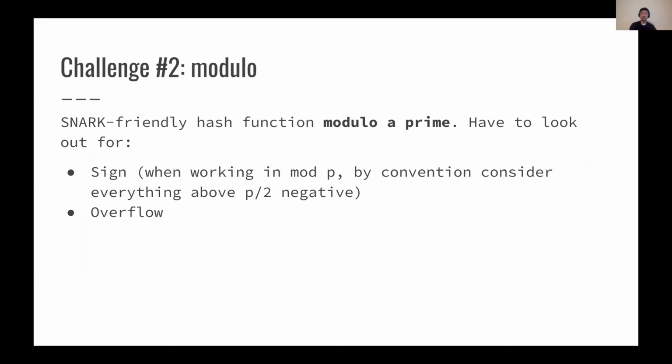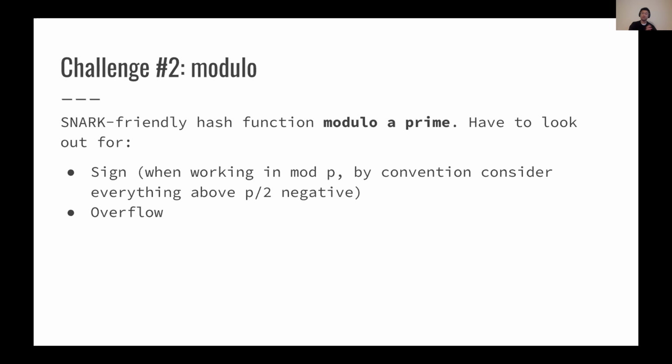Now, there are a couple of reasons why this is hard. The first is that you're already implicitly working in a field, so all of your operations are modulo P, for the BabyJubJub prime P. That means that if you're not careful about things like overflow, you can open up your ZK proofs to certain attacks, where malicious provers are able to pretend that a certain value is the result of the modulo operation when it's actually not.